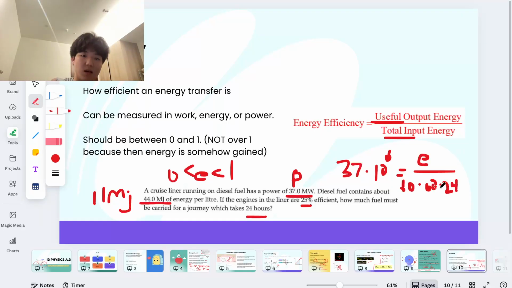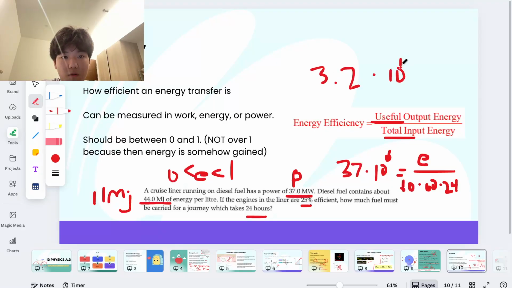And then let's see how much that is. Okay, I got 3.19. Let's say 3.2 times 10 to the power of 12. This is how much energy you would need, and you divide this by 11 times 10 to the power of 6, because that's how much energy you get per liter.